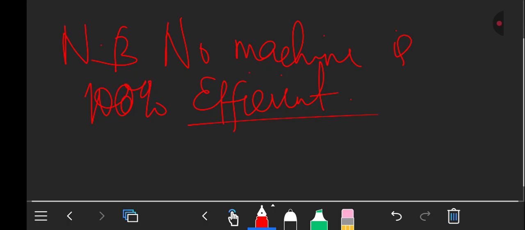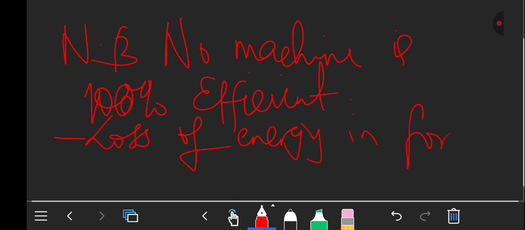But ideally no machine is 100% efficient. This is due to loss of energy.